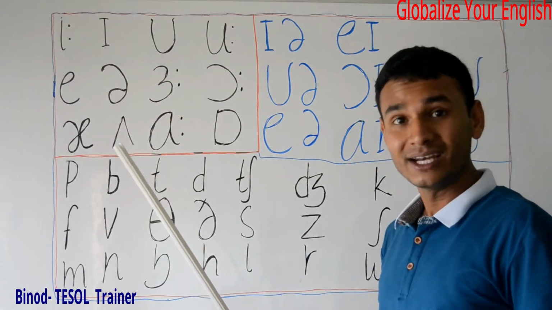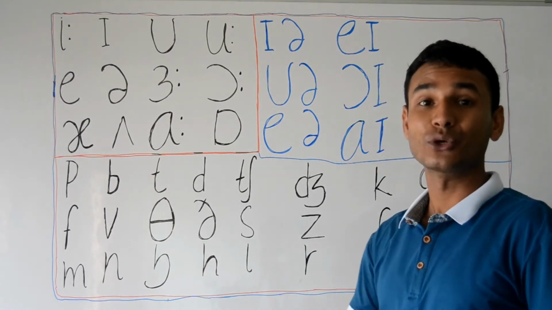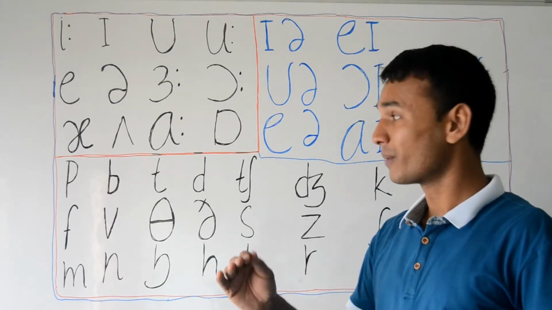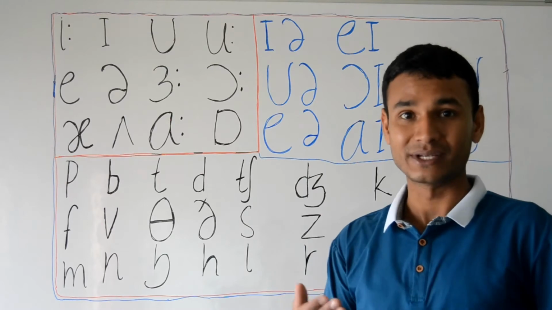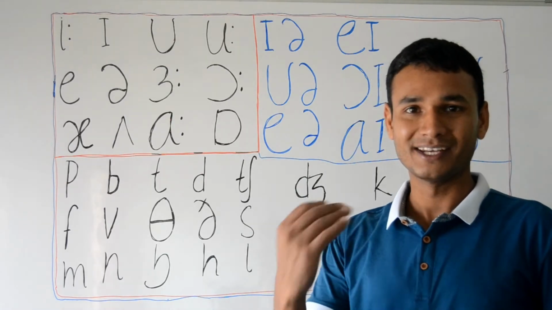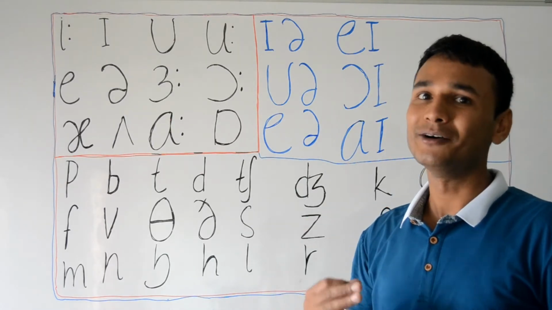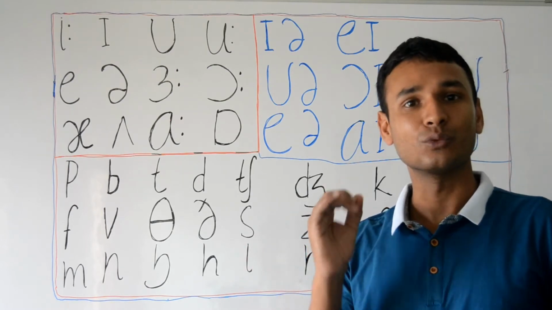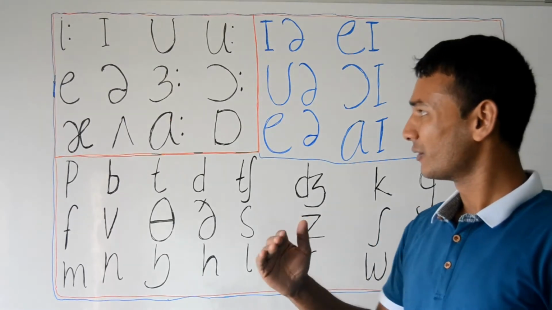And third, we will be doing some sort of exercises. On the basis of that discussion, I'll be providing some words, producing them, and letting you identify the particular sound that is used in the word. So we'll be going accordingly.